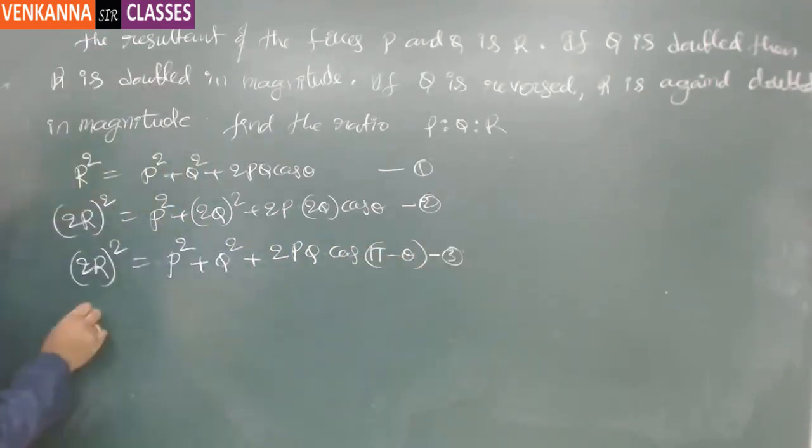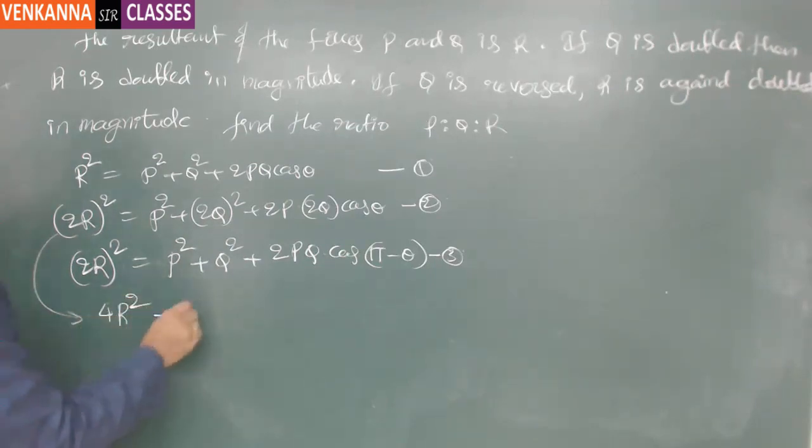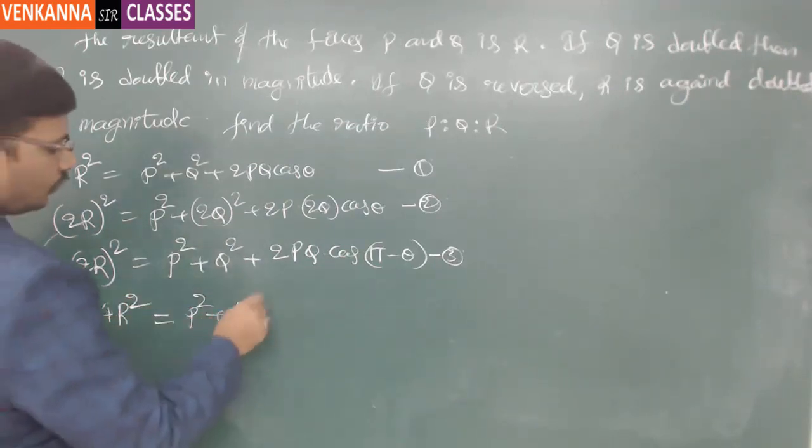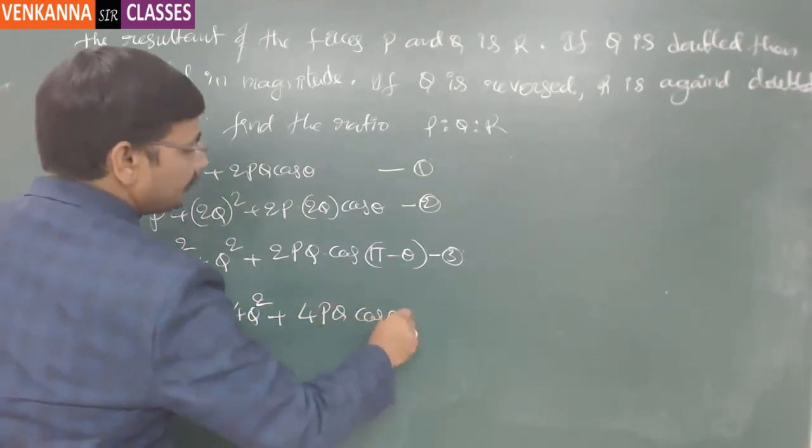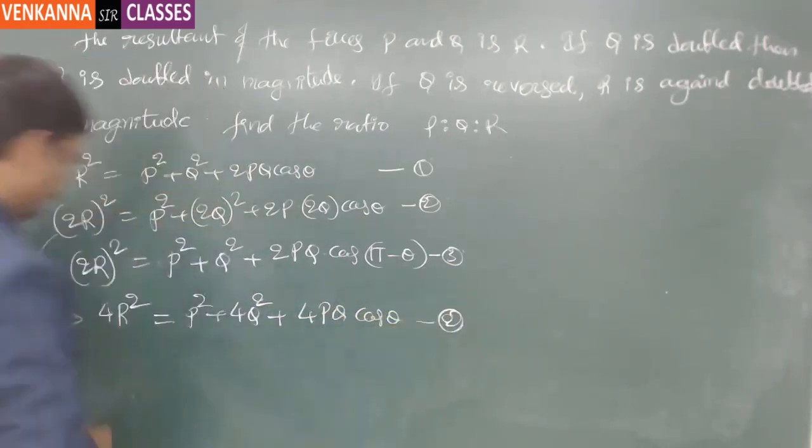So this equation I'll write first. 4R² = P² + 4Q² + 4PQ cos theta. This is equation number 2.